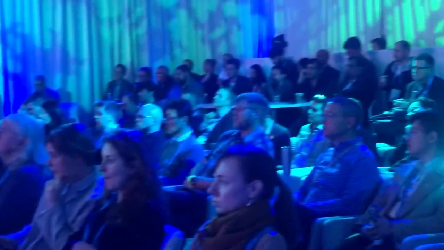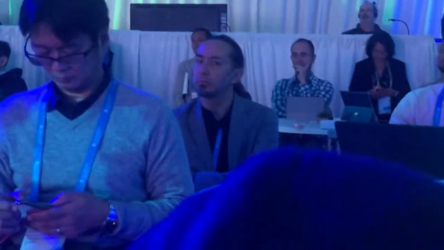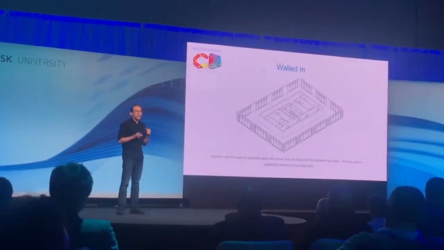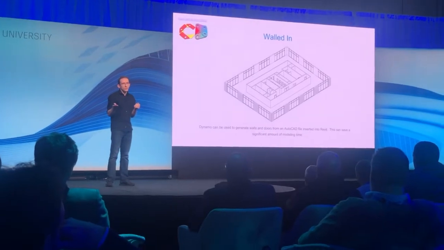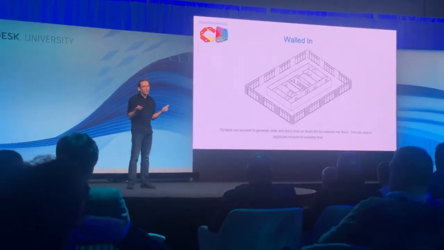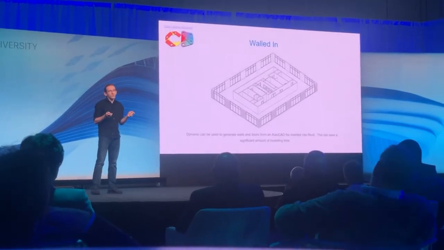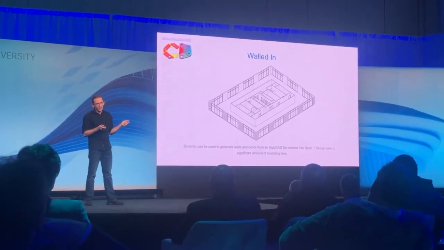So at SFCDI, we created an add-in that can take an imported DWG into a Revit model and parse the layers in that model, and then use it to generate the walls and doors for a model. This add-in is still pretty early on, but it could potentially be used to save a lot of time. It can sometimes take between 1 to 2 weeks to generate a model from an AutoCAD file, and with this you could save huge amounts of time and do it in only a couple minutes.